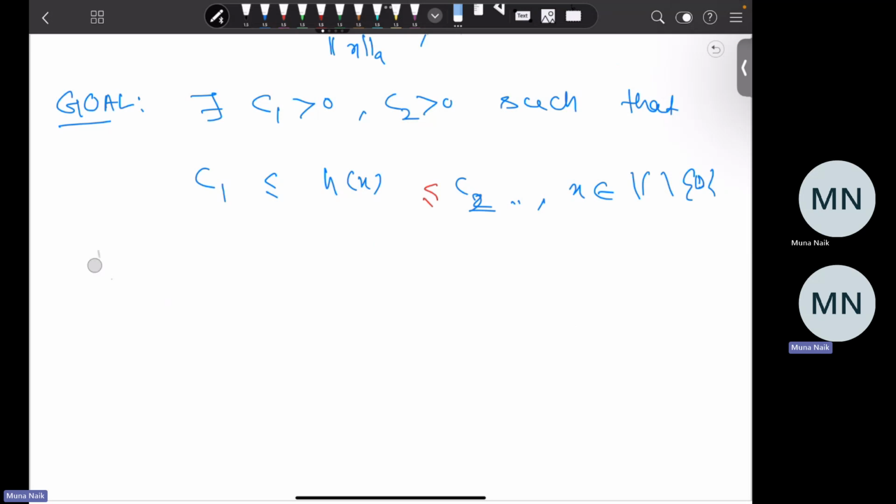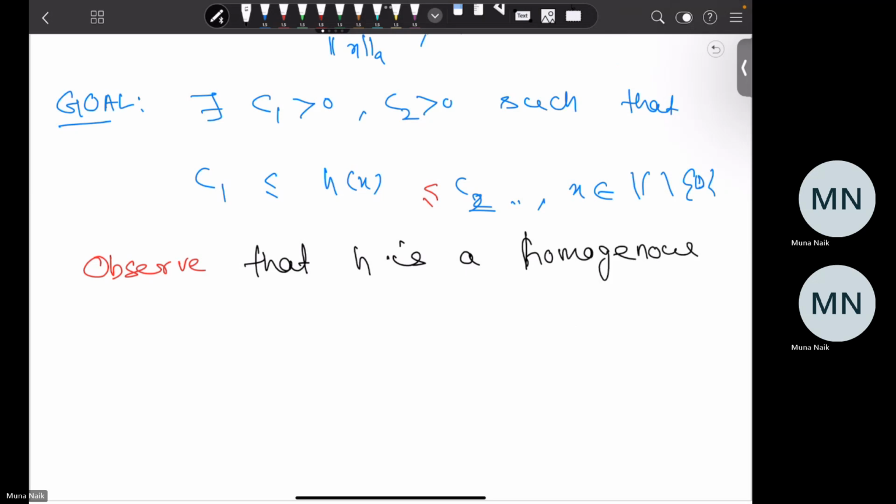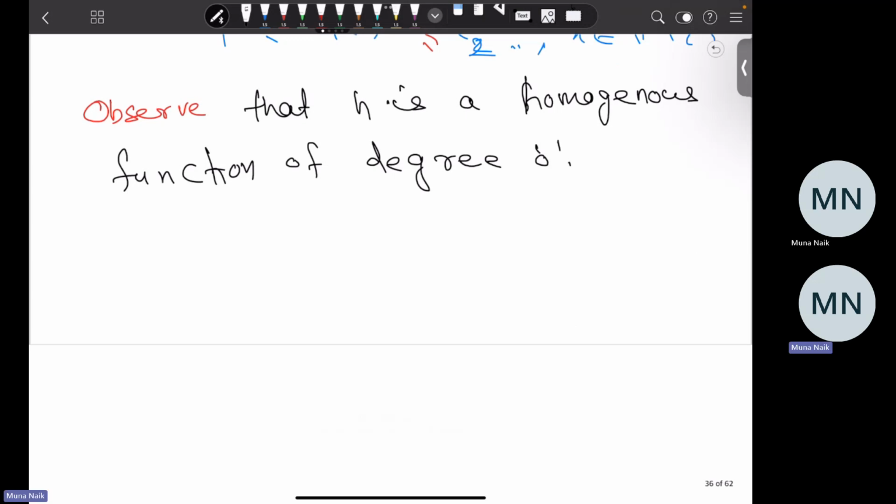Observe that h is a homogeneous function of degree 0. So this will imply that h is a function on the unit sphere.